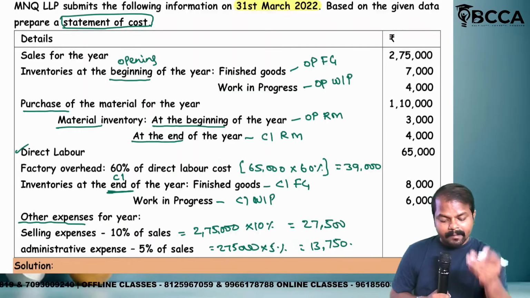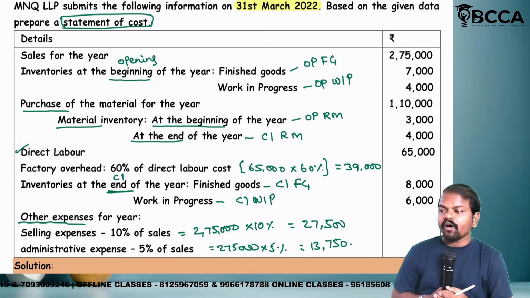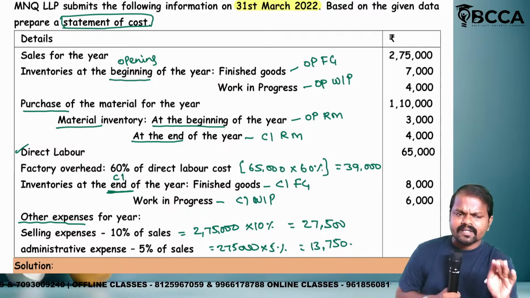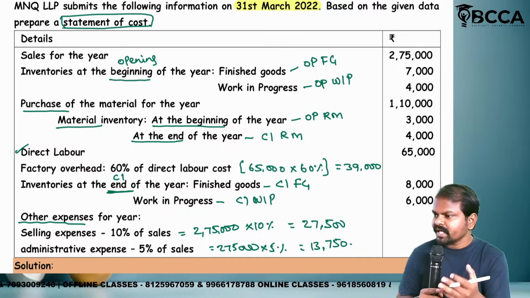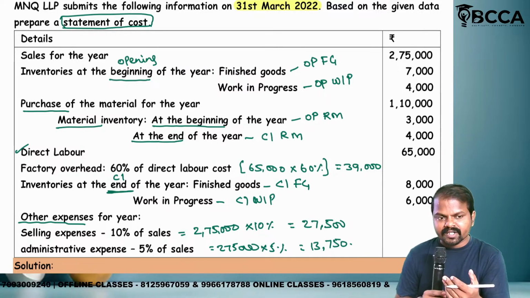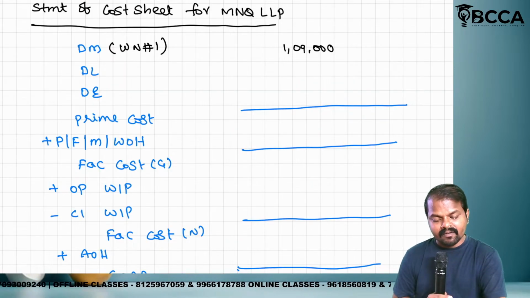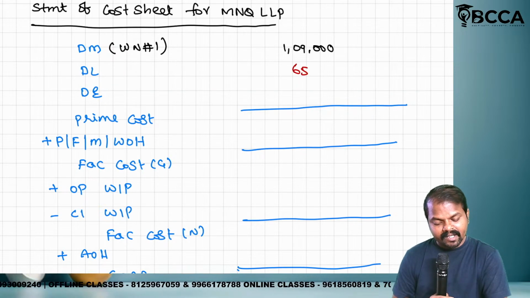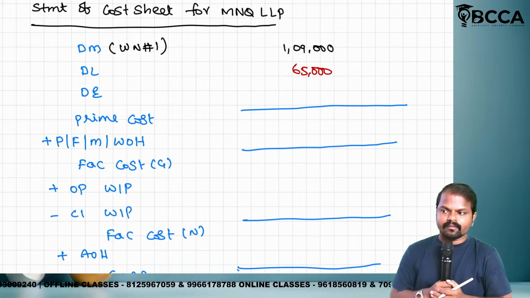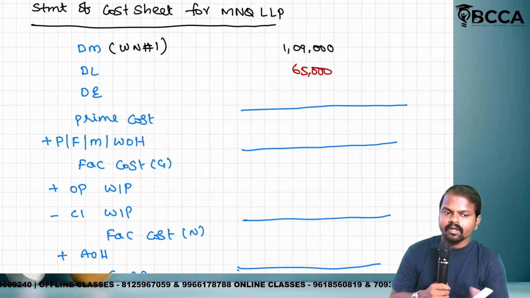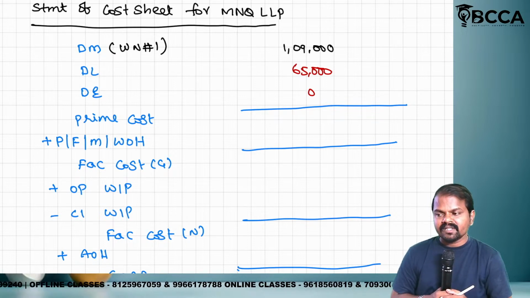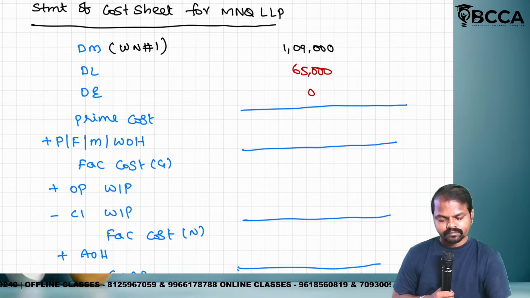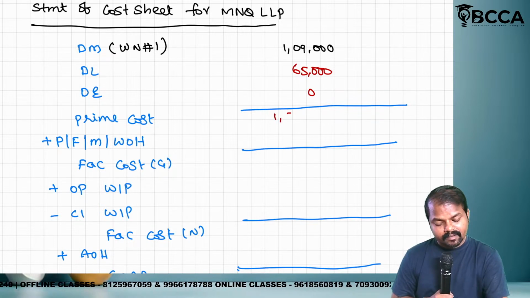Next, direct labor. Please check. Direct labor, how much? Is there any calculation involved? Outstanding, prepaid, like that calculation is there? No. That is the reason without any working note I indicated 65,000. Direct expense 0. Now tell me, 1,09,000 plus 65,000 is 1,74,000 prime cost.